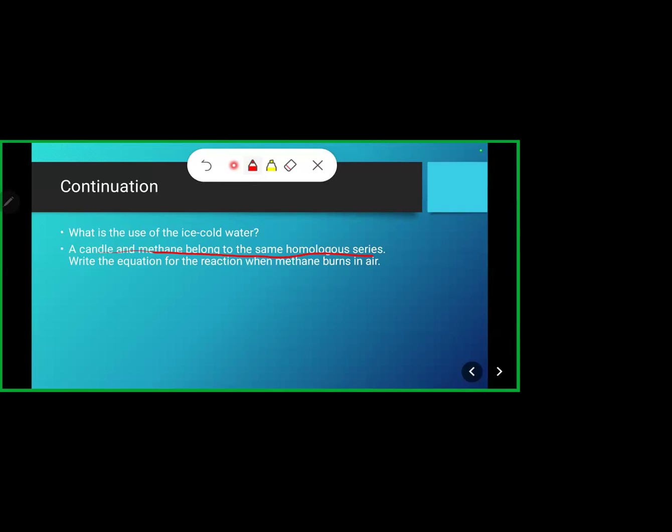So that is one way of proving that when alkanes burn in air, they will definitely give us carbon dioxide and water. So that is one of the evidences that we can base on, that when we burn a hydrocarbon in oxygen, it's going to give us carbon dioxide plus water.